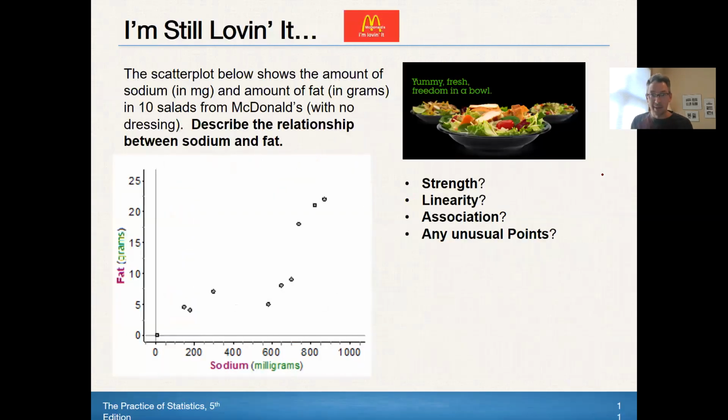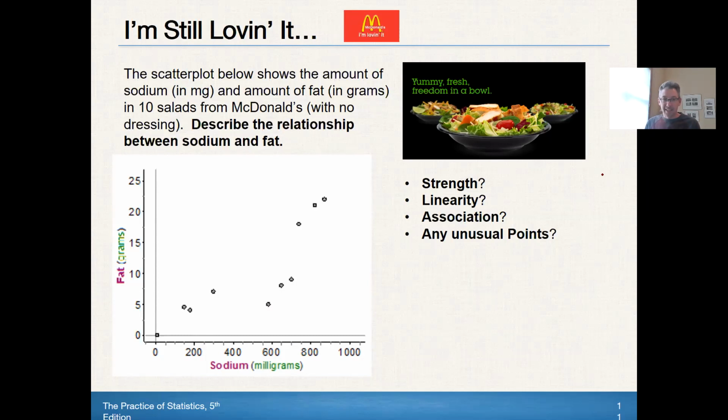So let's look at another example, totally different context here. We're talking about McDonald's here. I'm still loving it. The scatter plot shows you the amount of sodium in milligrams and the amount of fat in grams for 10 salads from McDonald's without any dressing. It says describe the relationship between sodium and fat.